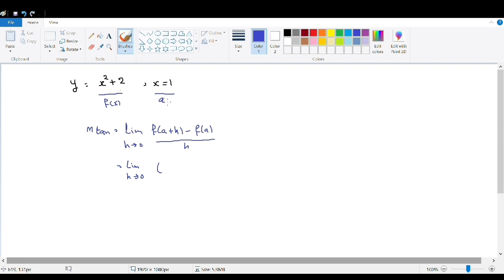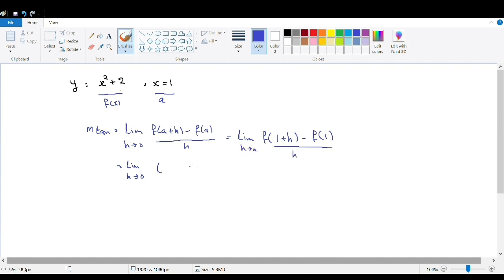So if I write it here, the limit of f(1+h) minus f(1), divided by h when h approaches 0.